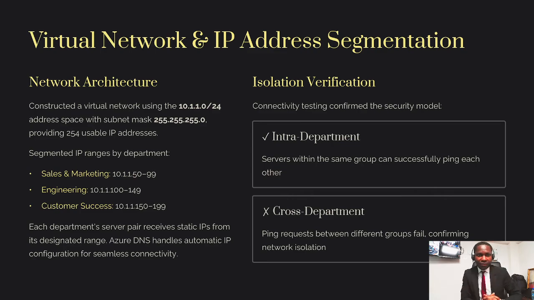Isolation verification: connectivity testing confirmed the security model. Intra-department servers within the same group can successfully ping each other. We tested the ping, and each department was able to communicate with the VMs in the same department, but not across other departments. We built restrictions to keep security and keep data apart for each user according to their department. Cross-department ping requests between different groups fail, confirming network isolation.